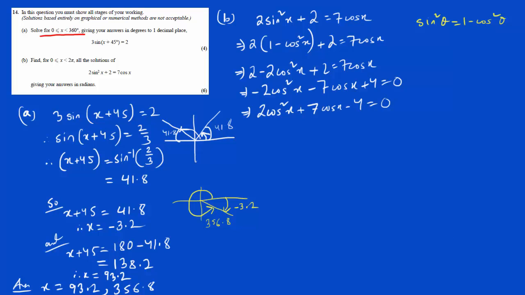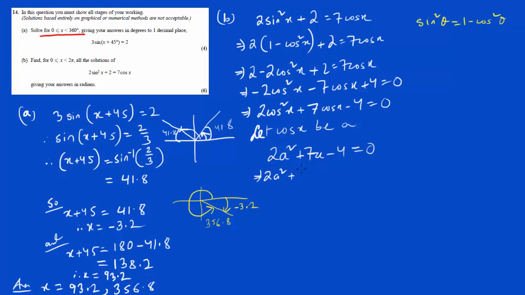Now we can do middle term break using this trigonometric format, but it's always a good idea to keep things easier. So we can write, let cos x be a. Then the equation looks much better: 2a squared plus 7a minus 4 equals 0. So if we do middle term break, 2 4s are 8.